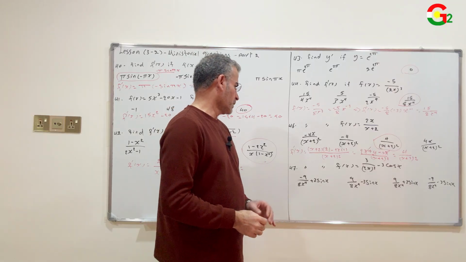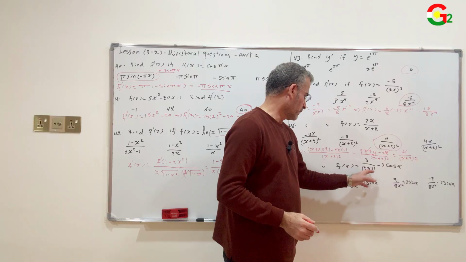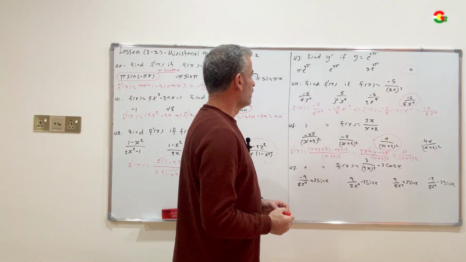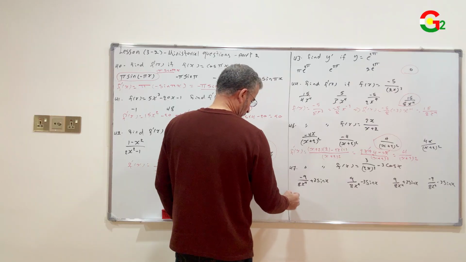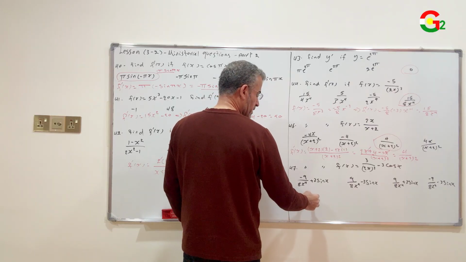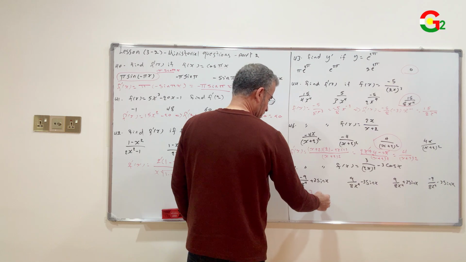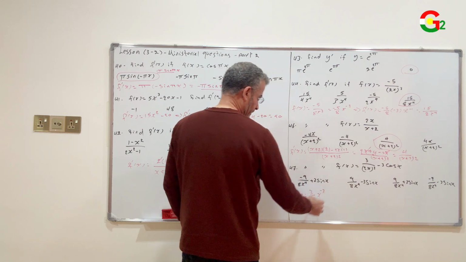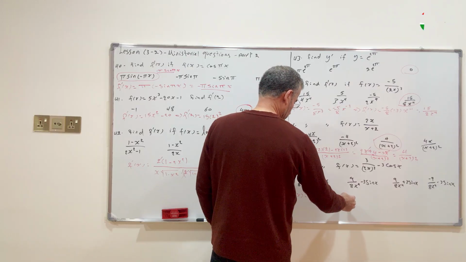Question number 47. Find the derivative of this function 3 over 2x all to the power 3 minus 3 cosine x. Rewrite this function as f of x equals 3 over 8 x to the negative 3 minus 3 cosine x.